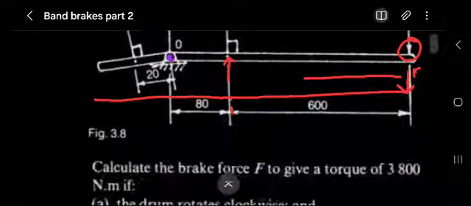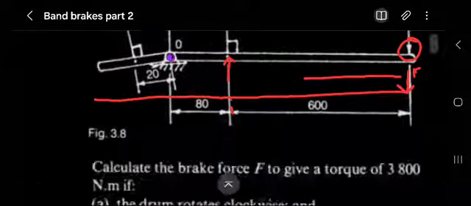You understand, right? We have been given the torque, 3,800. Let us take advantage of that torque. We know the formula for torque is T1 minus T2 multiplied by the radius. The torque is 3,800, and T1 is 2.79 T2, right?